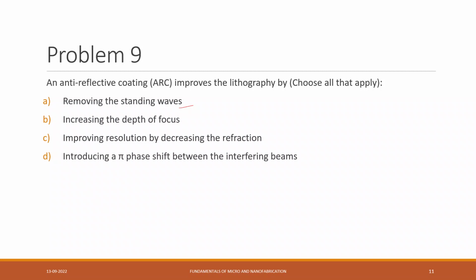So when we don't use these ARCs, the waves can interfere together and form standing waves in the photoresist. So essentially, you have to remove standing waves, and this anti-reflective coating can help in it.